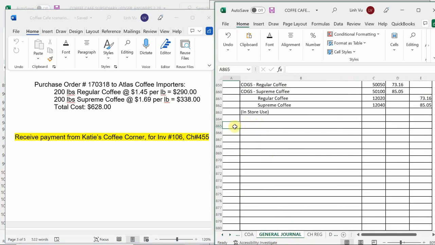Since we received some money, we are going to recognize that we received a check, so it's going to increase our checking. And what is she paying off? She's paying off an invoice, so that's going to reduce the accounts receivable.